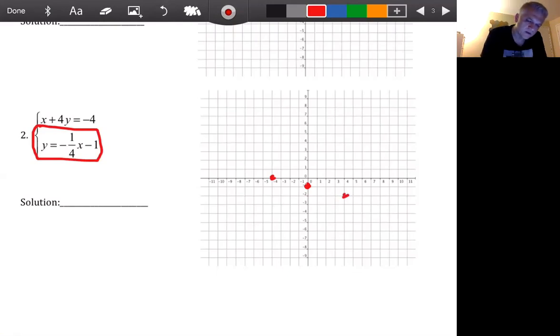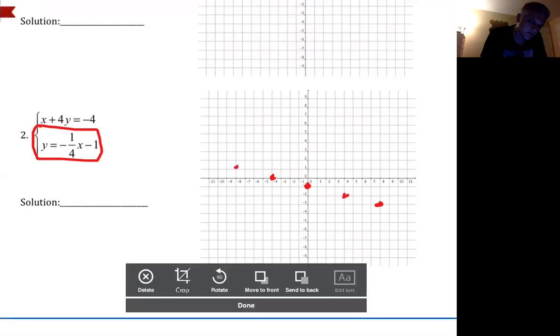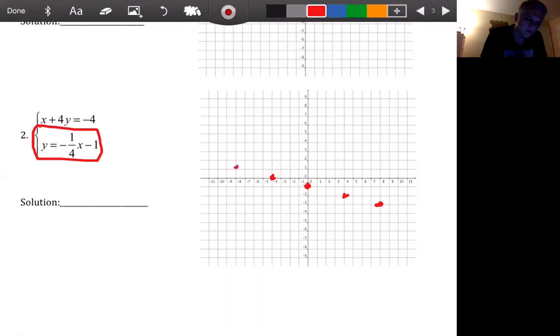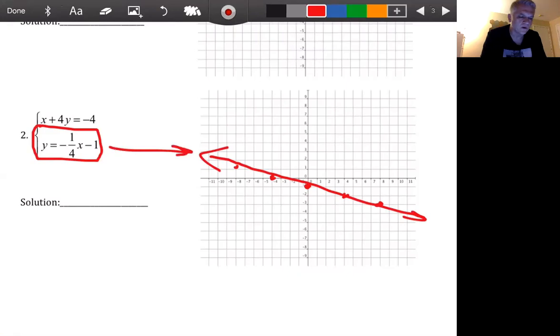Rise negative 1, go 4 right there, erase this stray mark. Let's go from this point, go up 1, 4th, 1 over 4. So there is y equals negative 1/4 x minus 1.